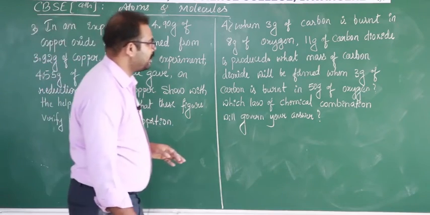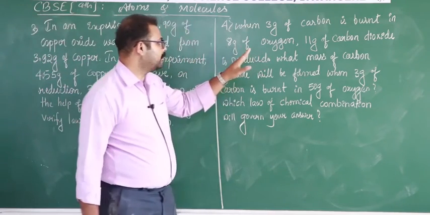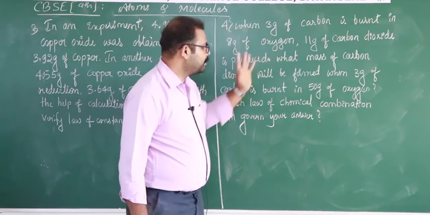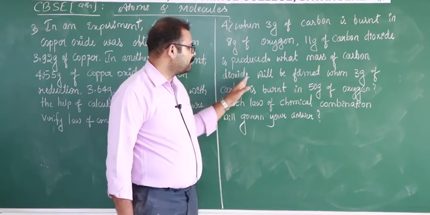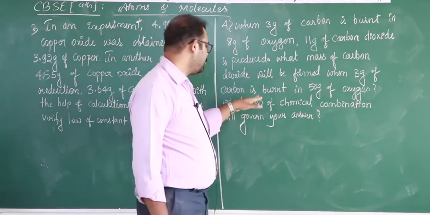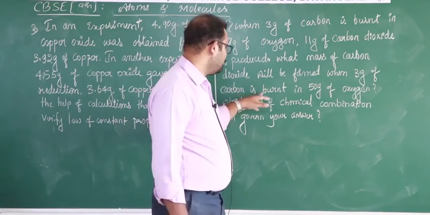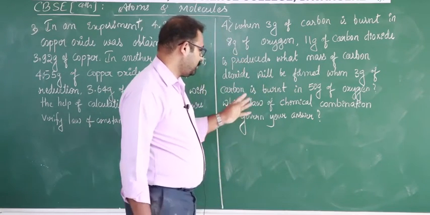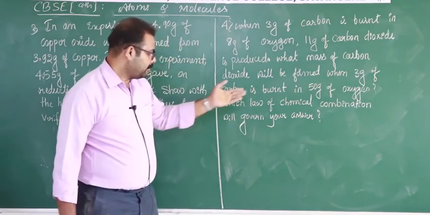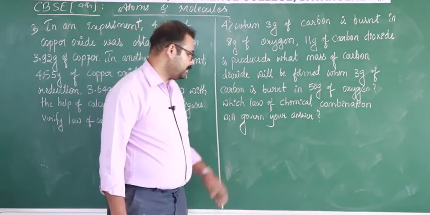When 3 gram of carbon is burnt in 8 gram of oxygen, it produces 11 gram of carbon dioxide. What mass of carbon dioxide is formed when 3 gram of carbon is burnt in 50 gram of oxygen? Which law does it obey?